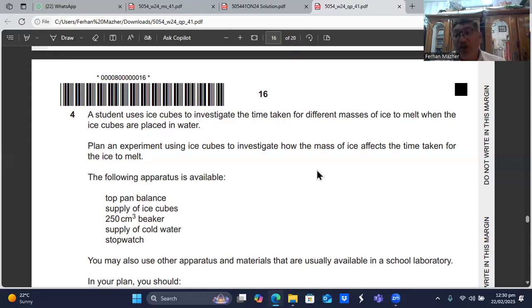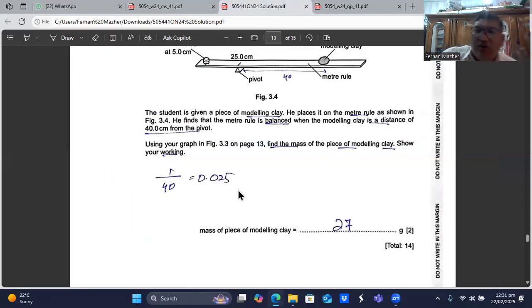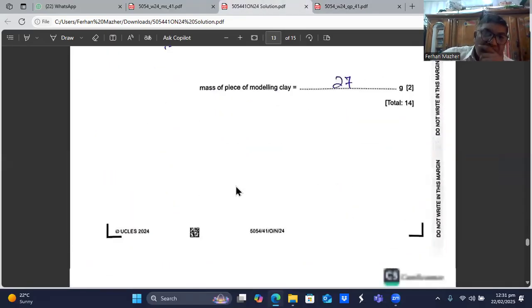That water volume should be all the time the same. The initial temperature of that water should also be the same. So you are going to use a stopwatch. Also, you may use a thermometer to measure the temperature.